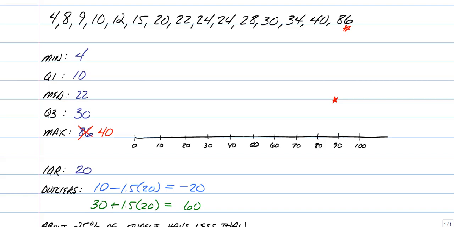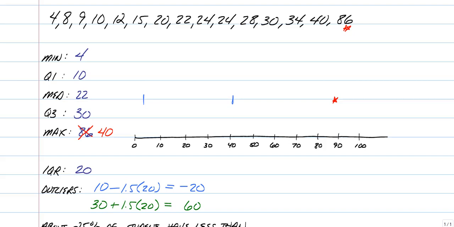So what you need to do is create a little line right here for your minimum, which is 4, and our new maximum, as I said, is 40. So we're going to create another one at 40. But now the big part of the data is going to be created as a box, and that's your Q1, your median, and your Q3.